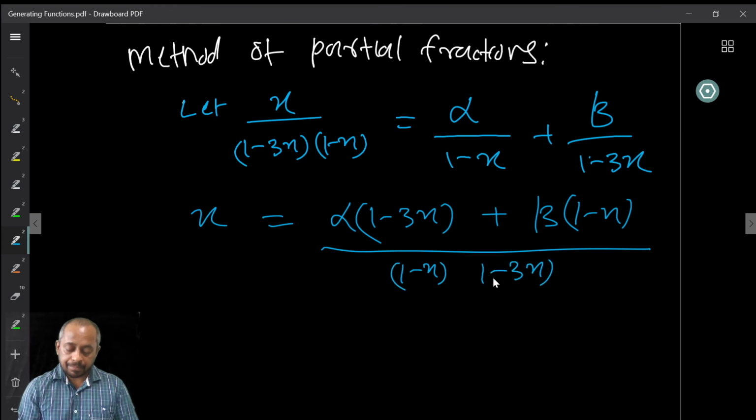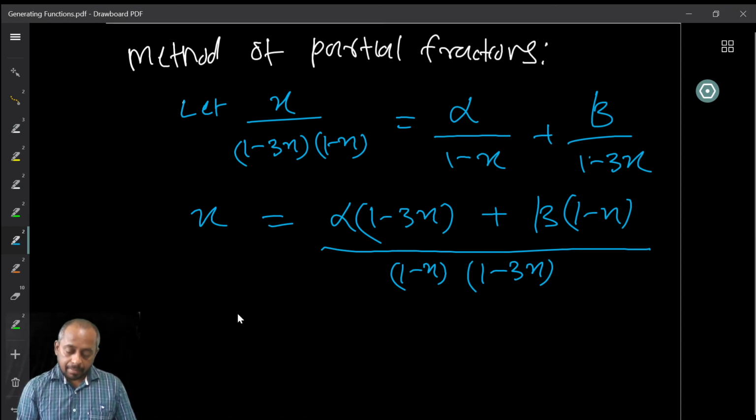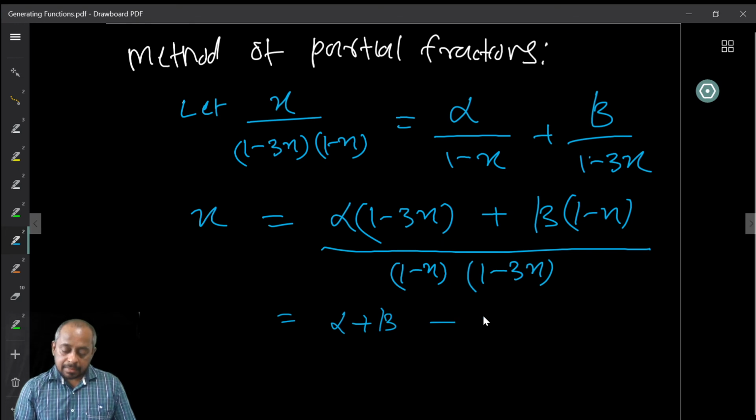So x is equal to alpha plus beta, minus x into 3 alpha plus beta.